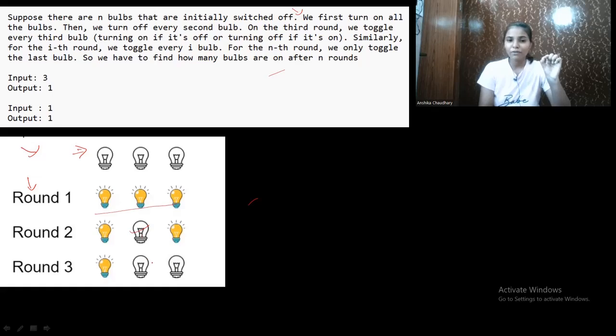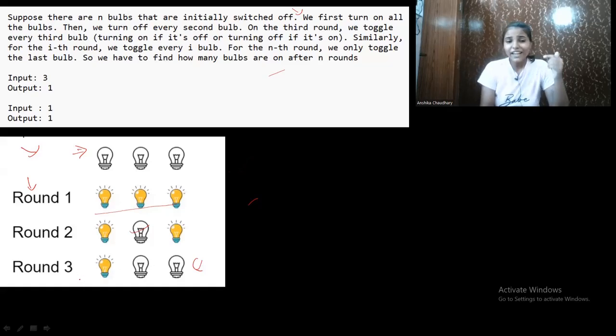The second bulb was on, so it is on. We have to just play with the third bulb, and toggle its state this time. It was on, so now we toggle it and make it off. So this is how it works. Now at the last, we have to tell how many bulbs are on at the last iteration or at the last round.